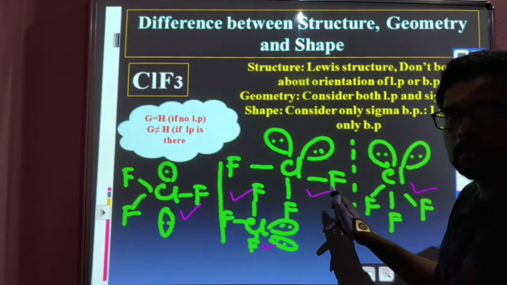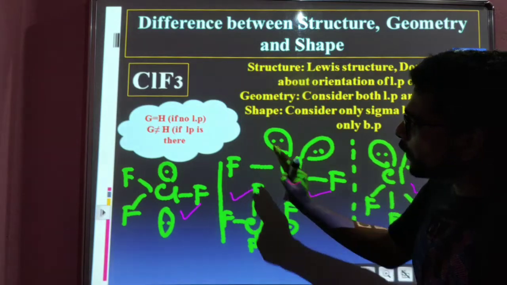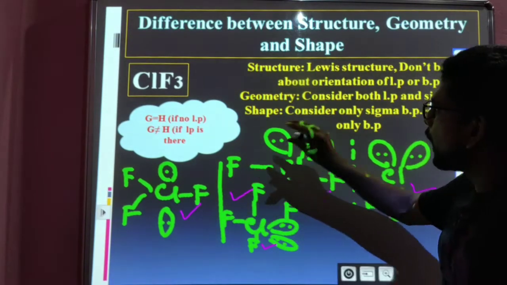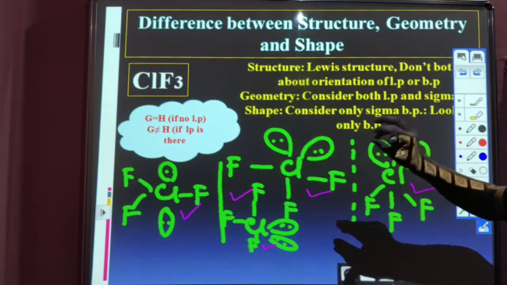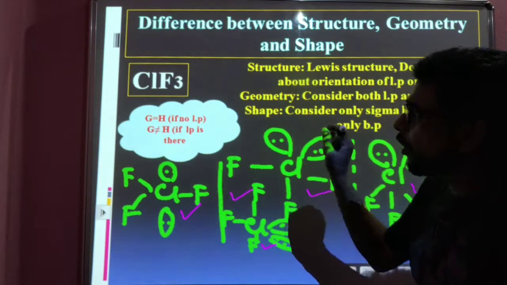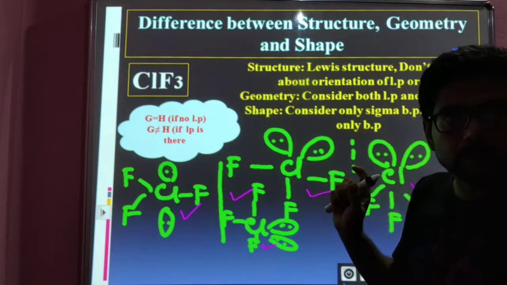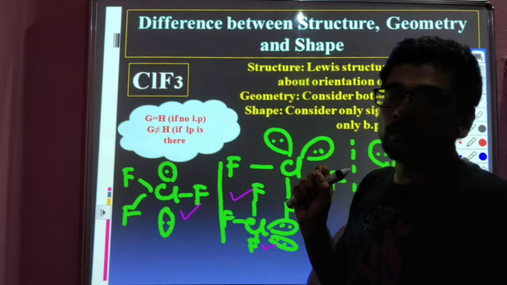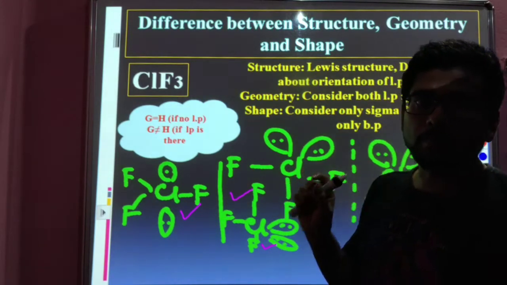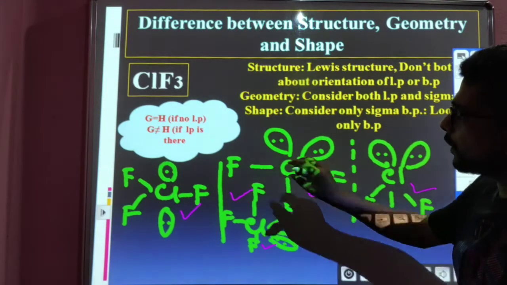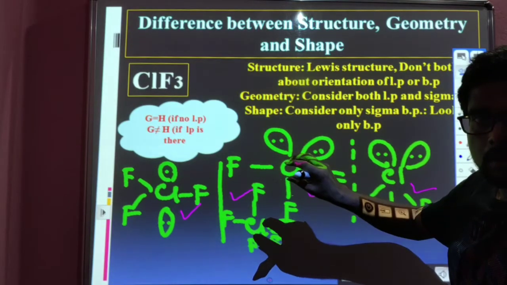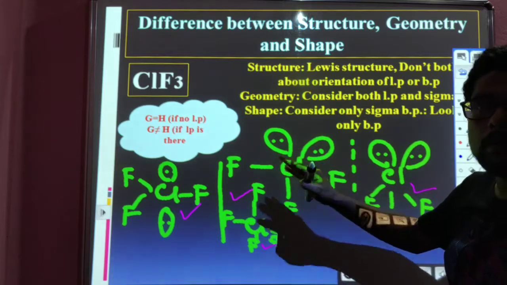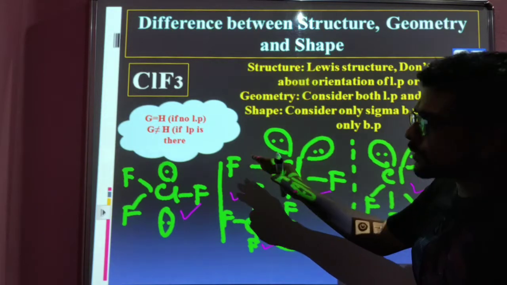Structure মানে structure আমি যখন দেখাবো, when I will show you the structure, I will only pay attention on total number of bond pairs that we have to calculate correctly. We must get the right information about bond pair, means sigma bond pair, lone pair of electron, or pi bond, whatever bonds or lone pair of electrons are present.